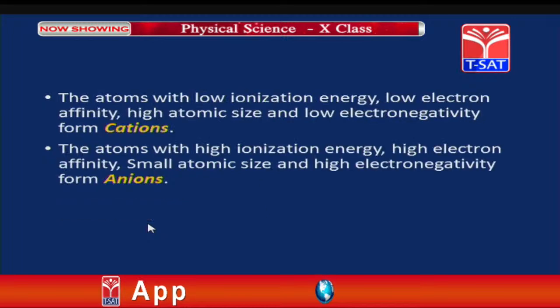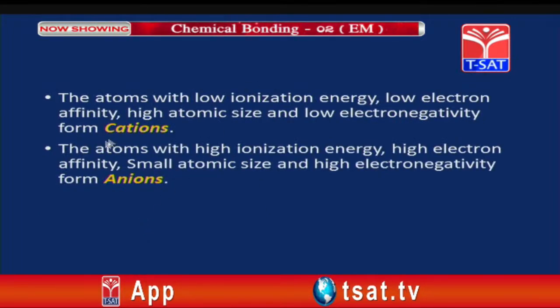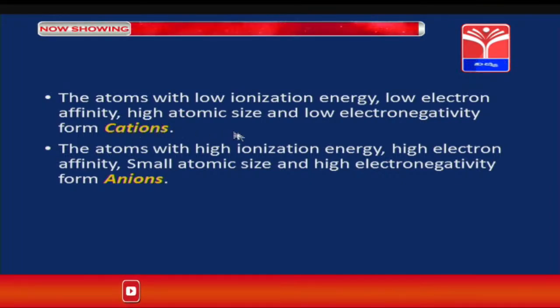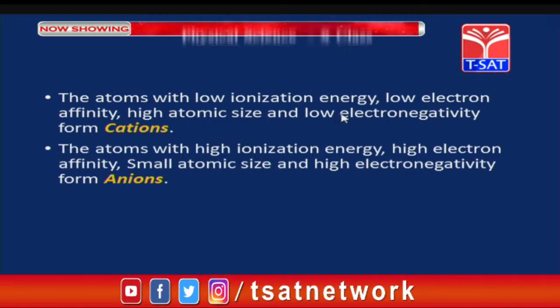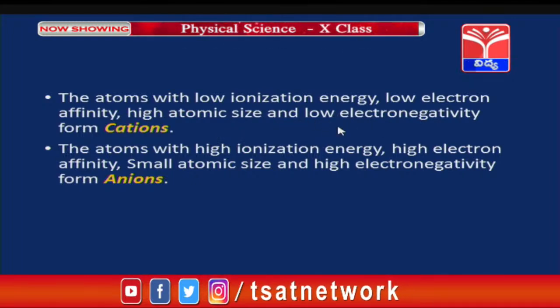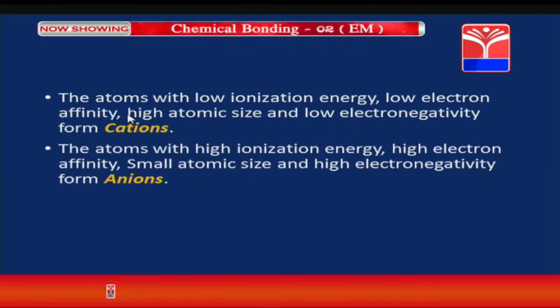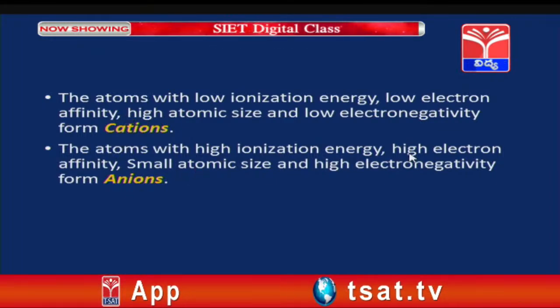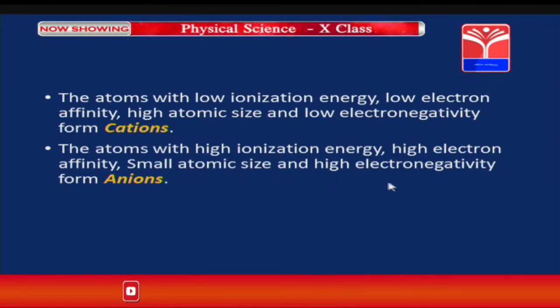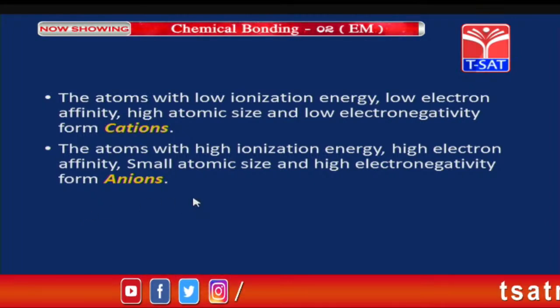So, children, the atoms with low ionization energy, low electron affinity, high atomic size and low electronegativity can lose electrons easily and so they form cations. And the atoms with high ionization energy, high electron affinity, small atomic size and high electronegativity form anions.